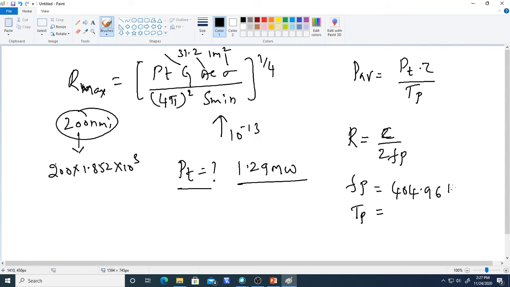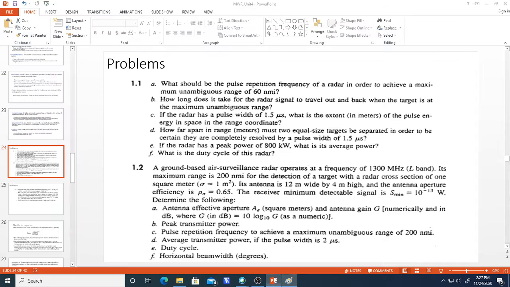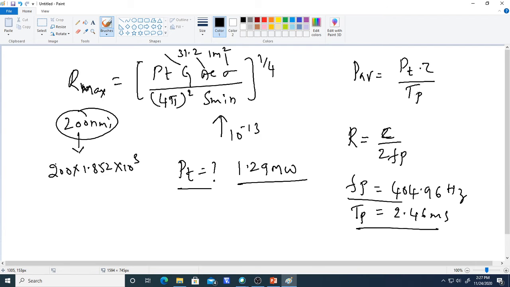Again, 1 over this will give the pulse repetition period: 2.46 millisecond. Okay, so this is the pulse repetition frequency and period for achieving a maximum unambiguous range of 200 nautical mile. Now the average transmitter power if the pulse width is 2 microsecond. We know tau is given, which is 2 microsecond, and Tp is known, and the transmitter power we have calculated. Now find out the average power.